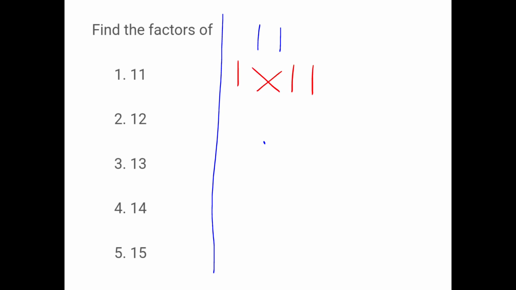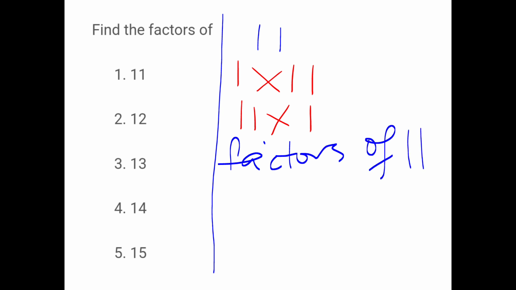Any other number? Good. 11 multiplied by 1, right? Which is the same thing as saying 1 multiplied by 11, right? Very good. And as such, factors of 11 are what? 1 and 11. Do you see that? So easy, right?